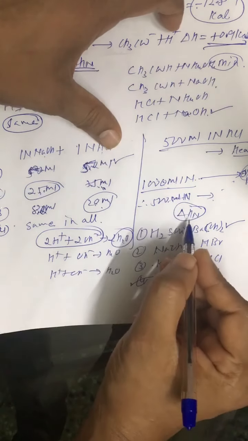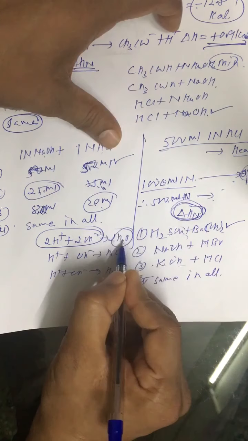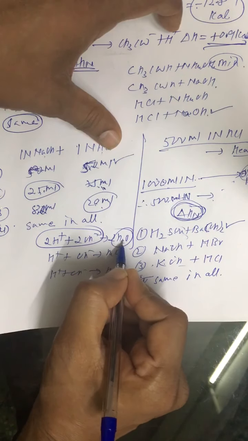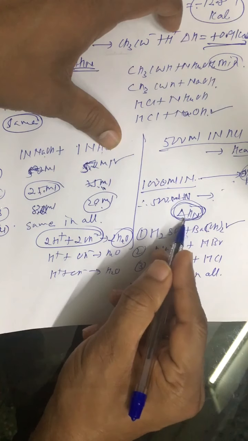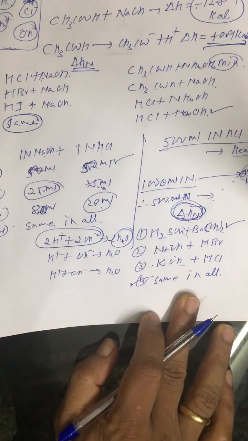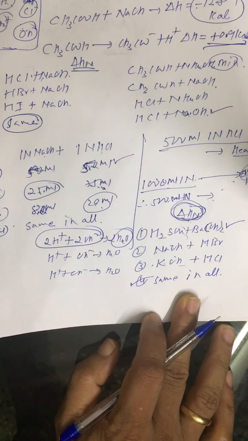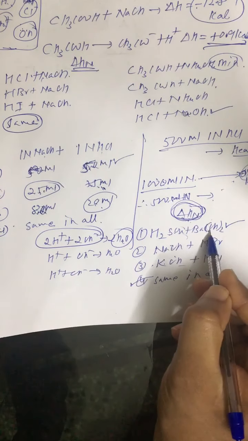But when we are asked delta Hn, we are bound to a definition, and that definition says change in enthalpy of a system when 1 mole or 1 gram equivalent of acid or base is completely neutralized.